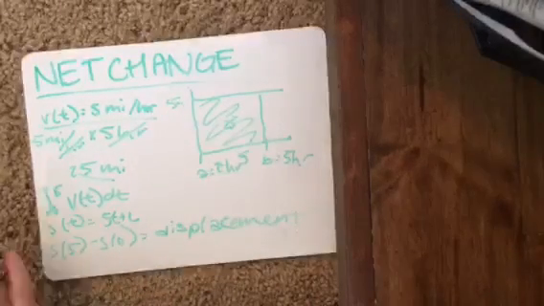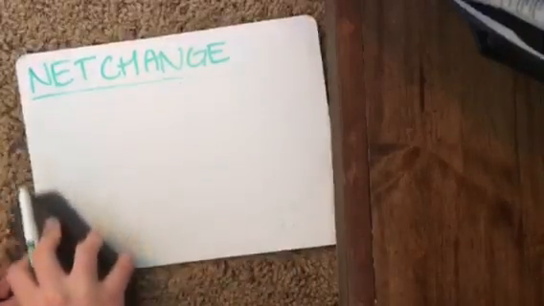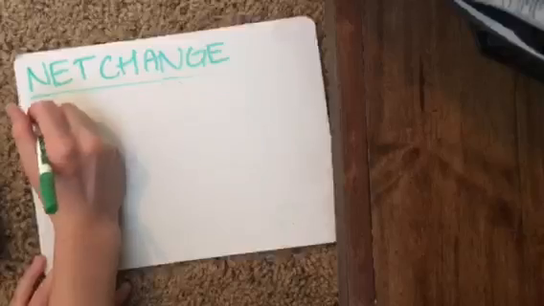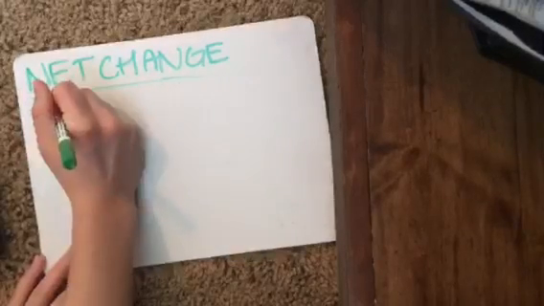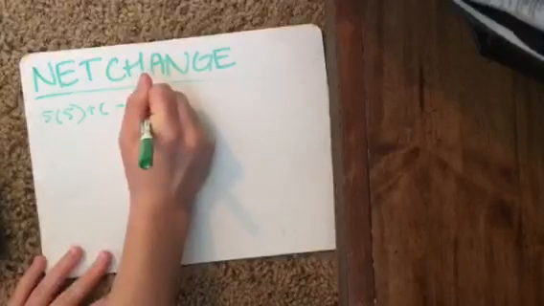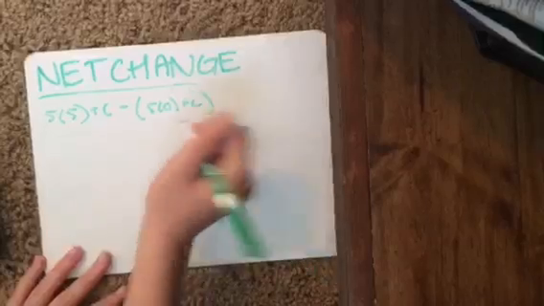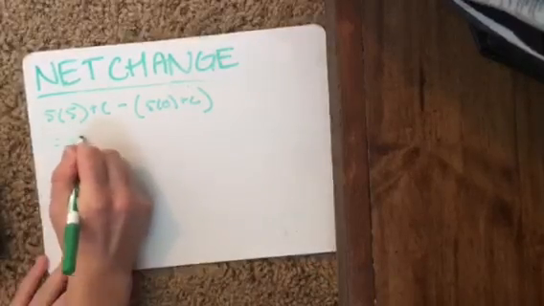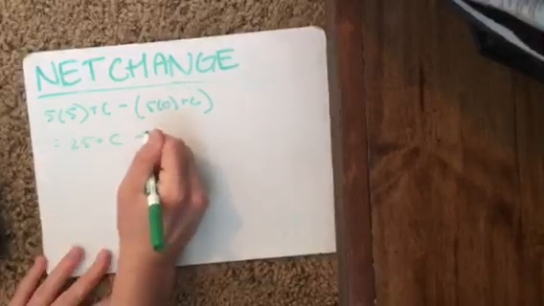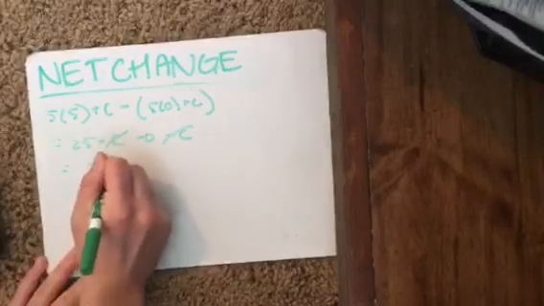So once you figure that out, you just plug it in. So you're going to get 5 times 5 plus c minus 5 times 0 plus c, and that's going to equal 25 plus c minus 0 minus c. So the c's are going to cancel out and you're just going to get 25 miles.